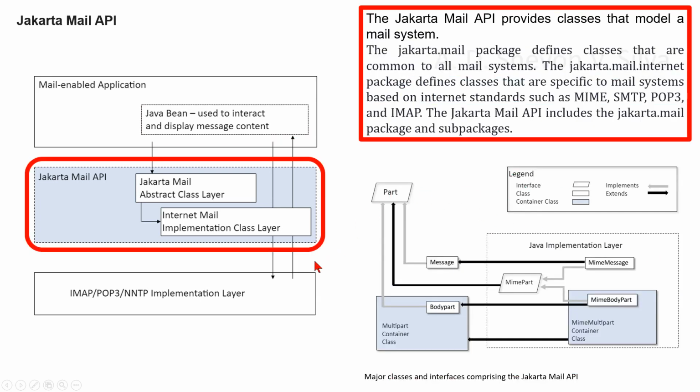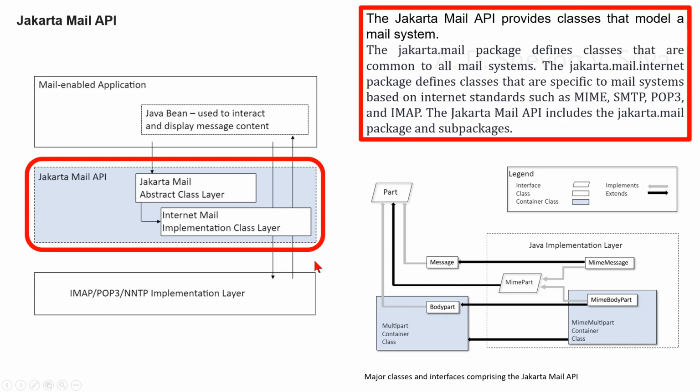Now we are focusing on the Jakarta Mail API. The Jakarta Mail API provides classes that model a mail system. The jakarta.mail package defines classes that are common to all mail systems.